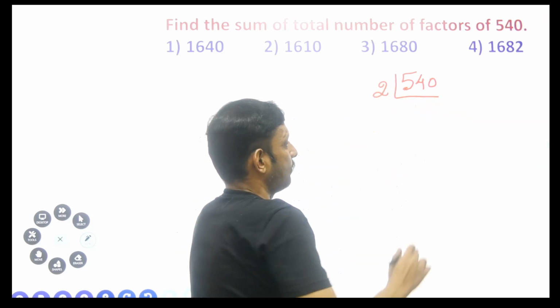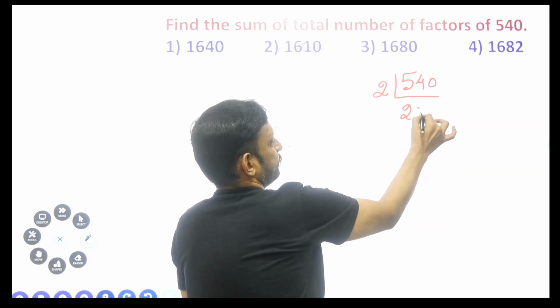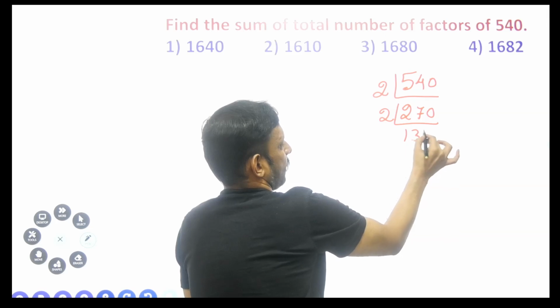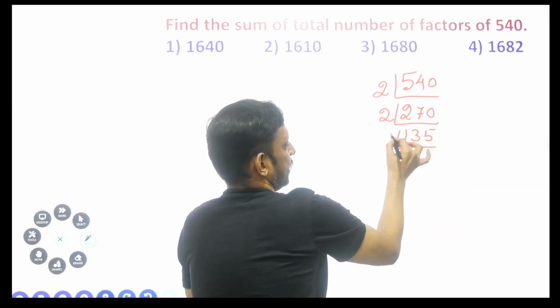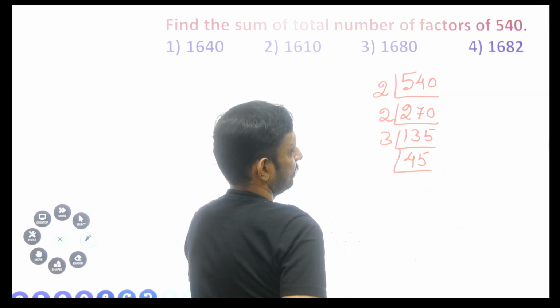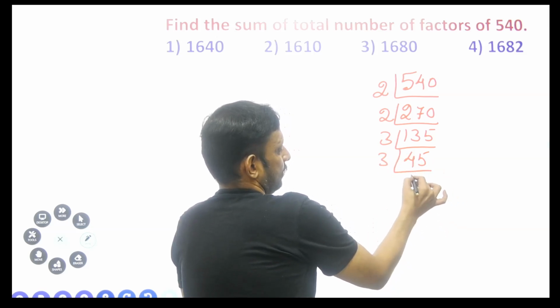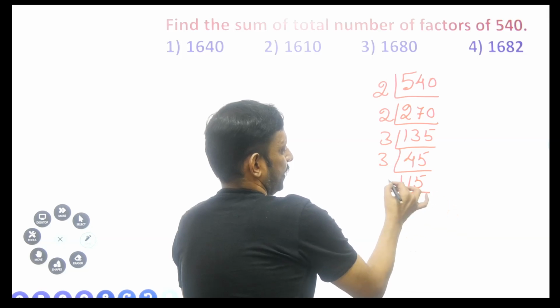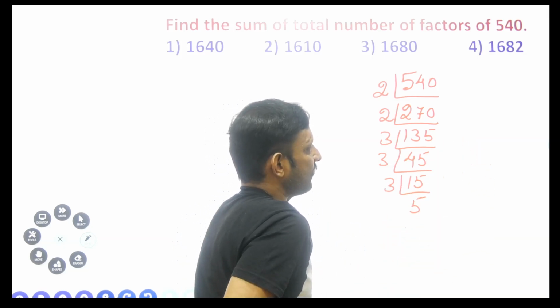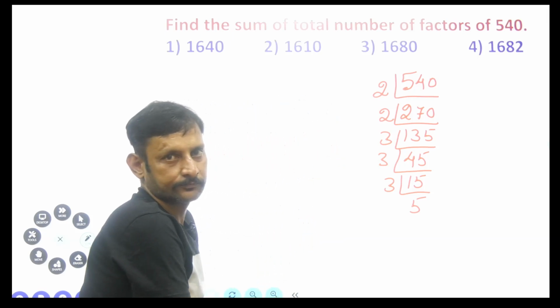Okay, take out 2 common, you will get 270. Again 2 common, you will get 135. And the next prime number is 3, 45. Again 3, 15. Again 3, 5. This is called the prime factorization method.